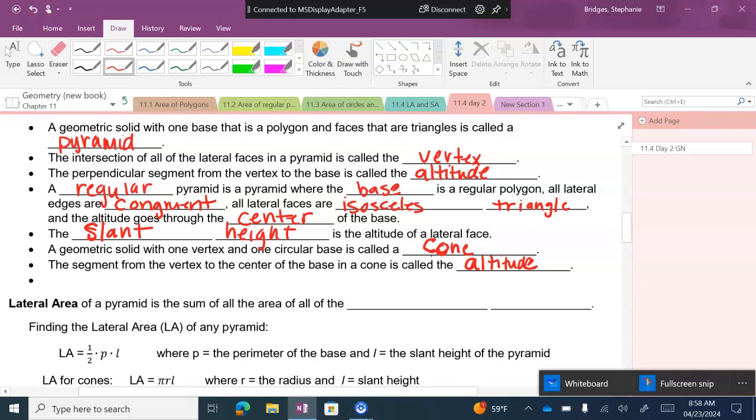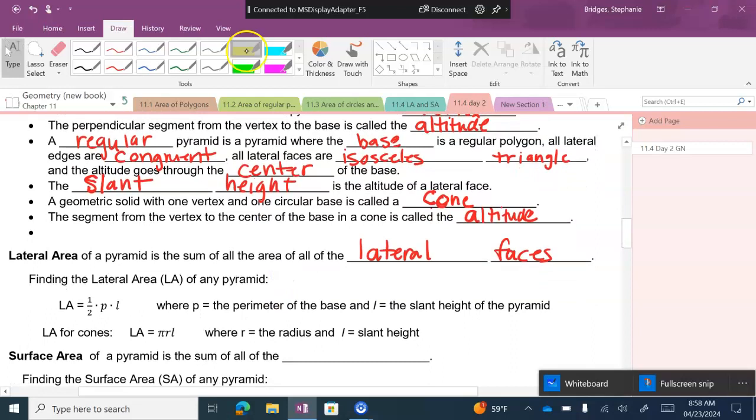All right, and then just like yesterday, the lateral area of a pyramid is the sum of all of the areas of the lateral faces. And here's your formula written right there. Lateral area this time is 1/2 times the perimeter times the slant height.